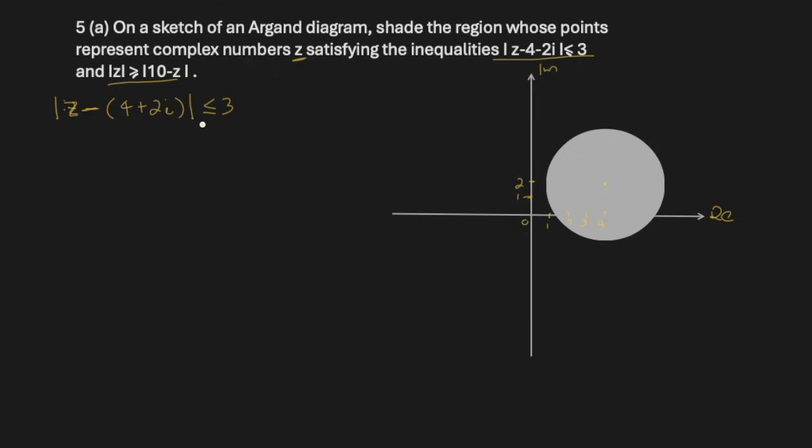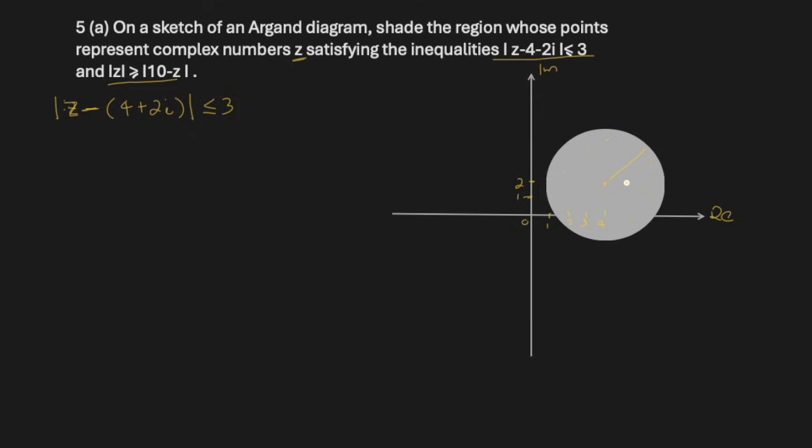So any point in this shaded area here is always 3 units or less from this point. Suppose z is here, so the distance from here to here will always be less than 3, anywhere I take in this shaded area. That's what it means.